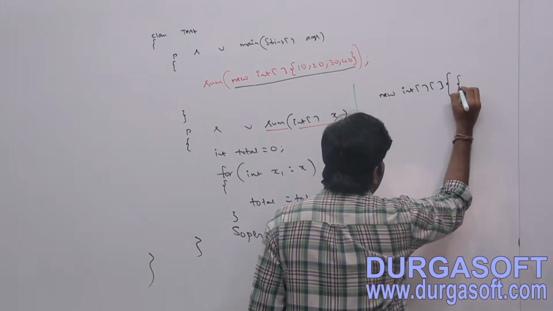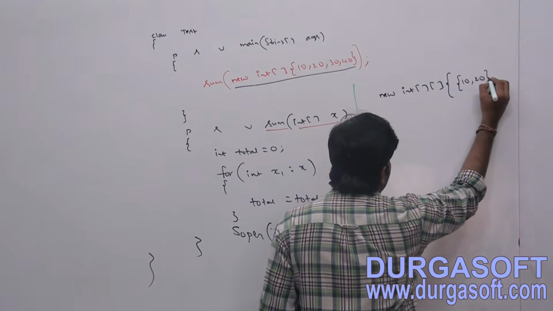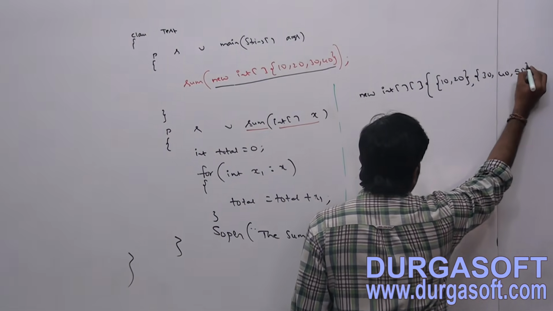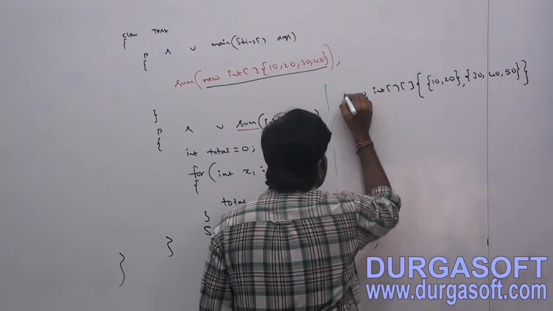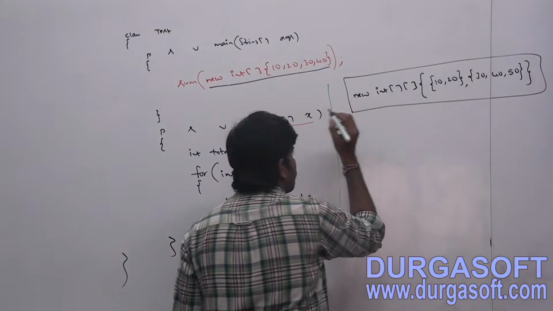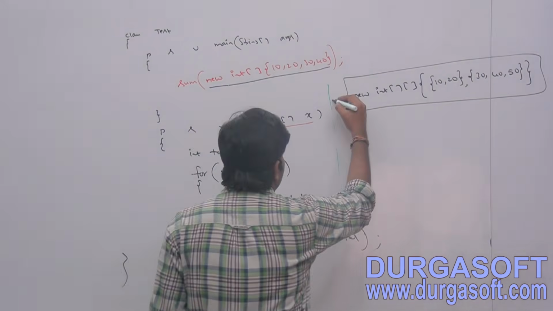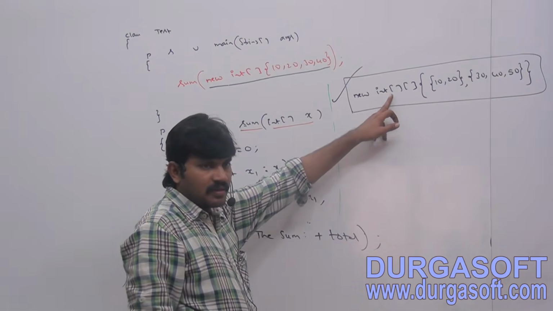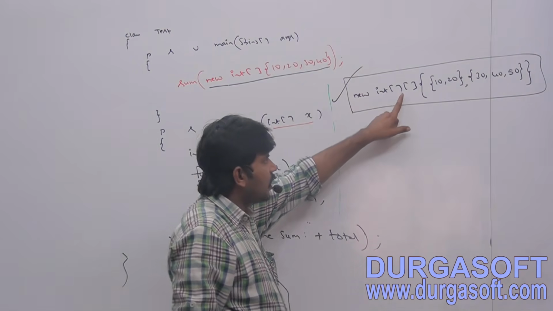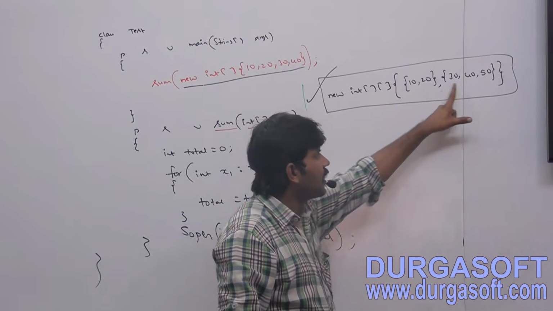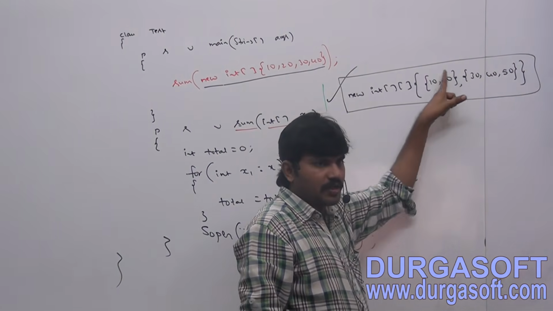Here 10, 20, 30, 40, 50, like this I am taking. Is it valid or not? Yes. Sir, what is the dimension of this array? 2 dimension. Here it is 1 dimension where each element is another 1-dimensional array.